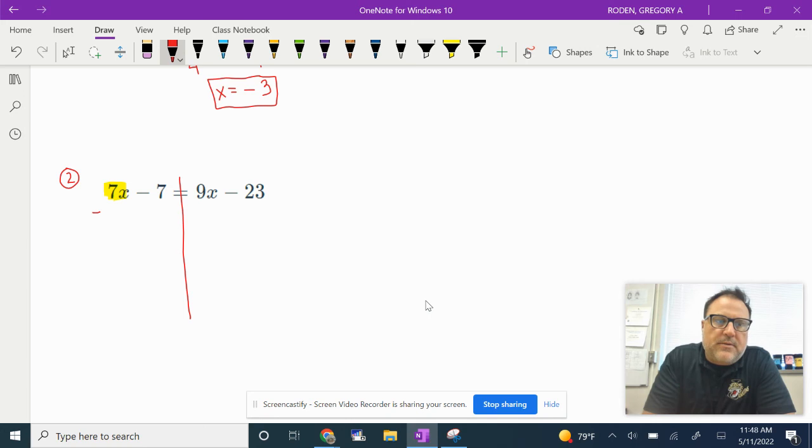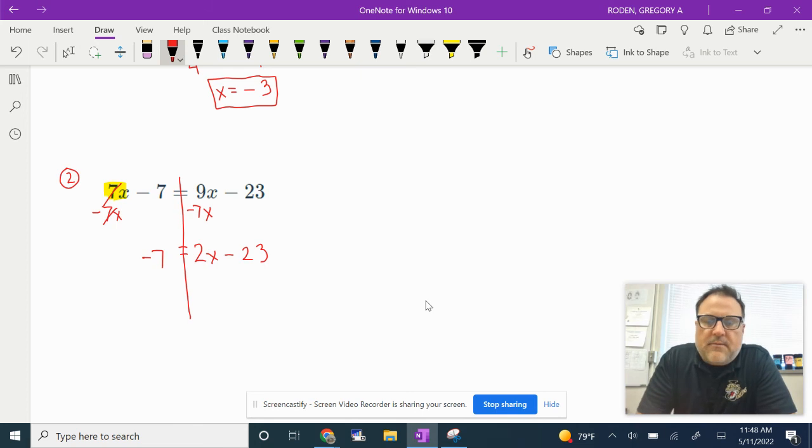So I'm going to subtract 7x from both sides. 7x minus 7x cancels out, and negative 7, 9x minus 7x is 2x minus 23.